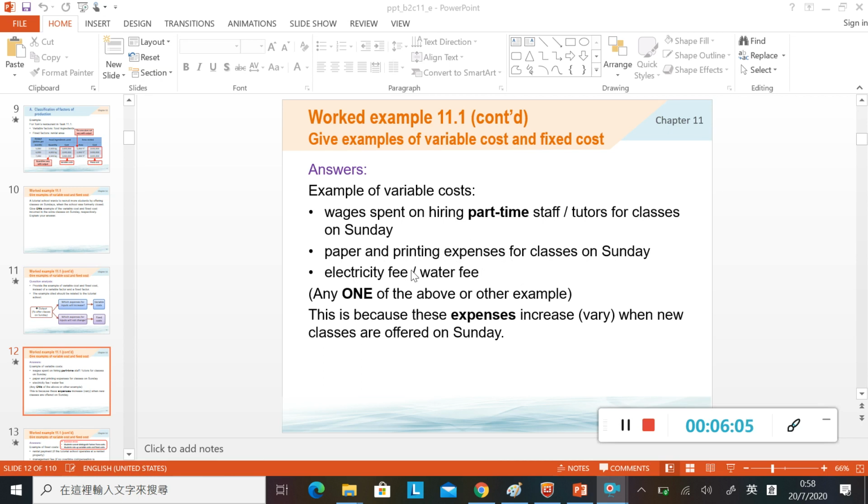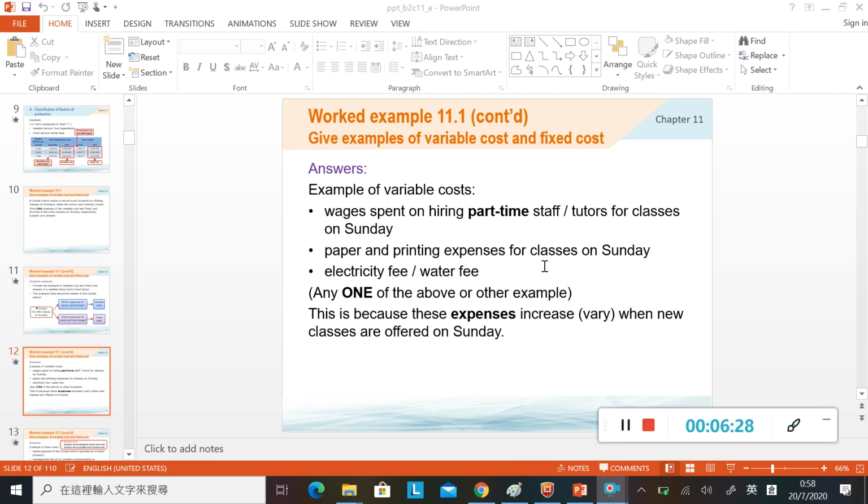Okay, so those are the variable costs. 同埋電費、水費、electricity fee、water fee，當你開咗個班，你就會用多咗。所以呢啲 because these expenses increase when new classes are offered. Okay, vary with the output. So those are variable costs.